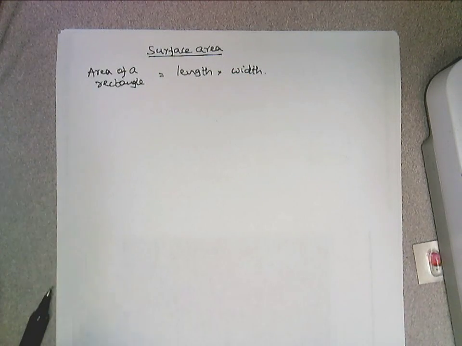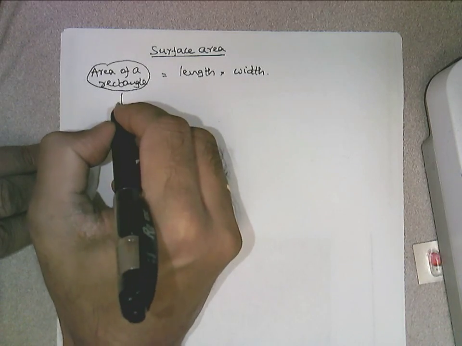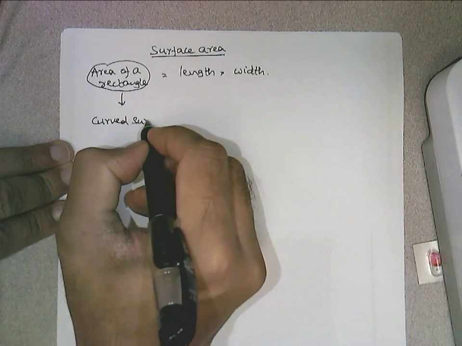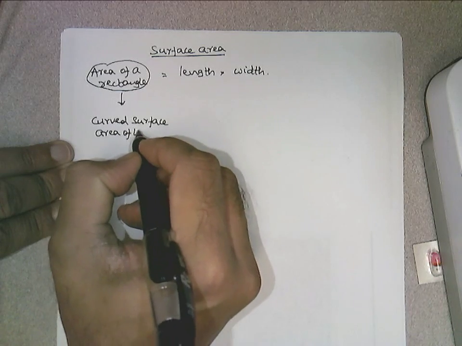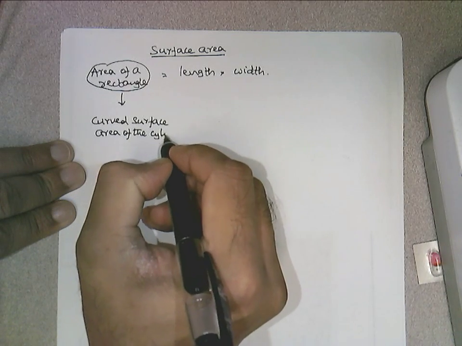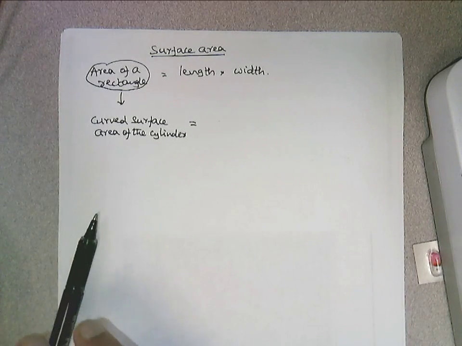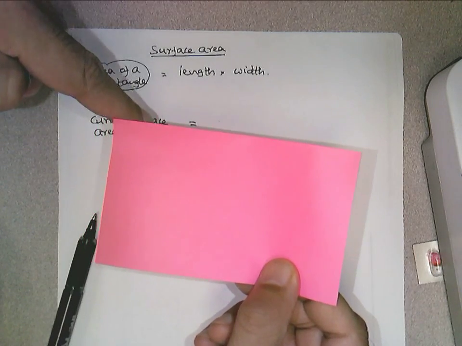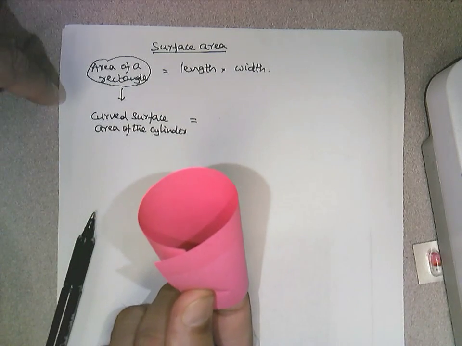So in such case, I may state that the curved surface area of the cylinder is equal to, if you observe carefully, this is the length of the rectangle, but when I roll it, this one becomes like a circle.